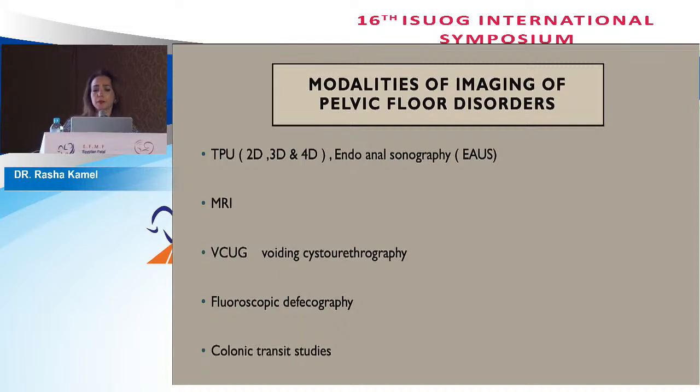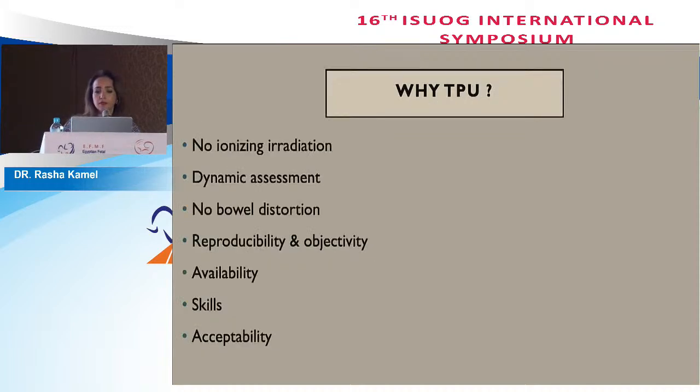So why do we use transperineal ultrasound out of all these different modalities? Transperineal ultrasound does not have the hazards of ionizing irradiation. It offers us dynamic assessment. With ultrasound, we can assess the pelvic floor at rest, upon contraction, and upon valsalva. There's no bowel distortion in transperineal ultrasound. Like all modalities of ultrasound, it is highly reproducible and highly objective.